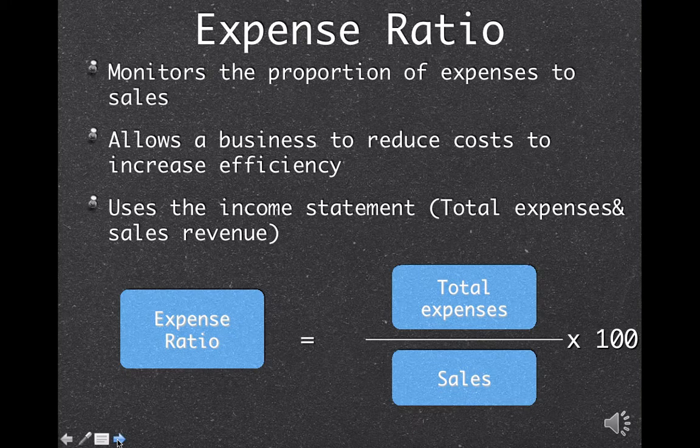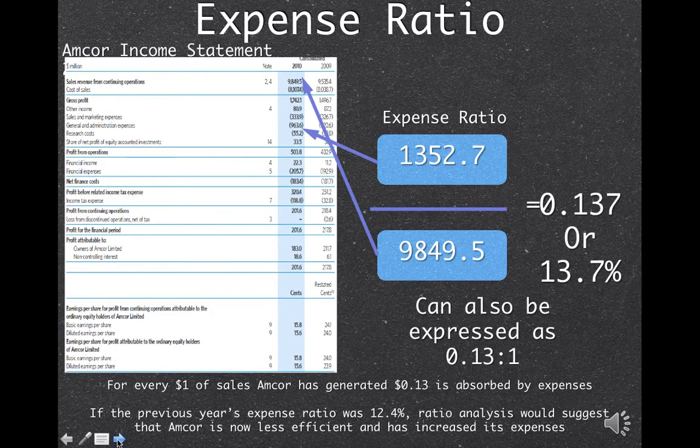Let's look where we get the information from. So on the Amcor income statement that we have here, we're looking at the total expenses. Now we have to look very carefully. Here on the statement, after gross profit, we can see that there are three numbers in brackets. That means minus.